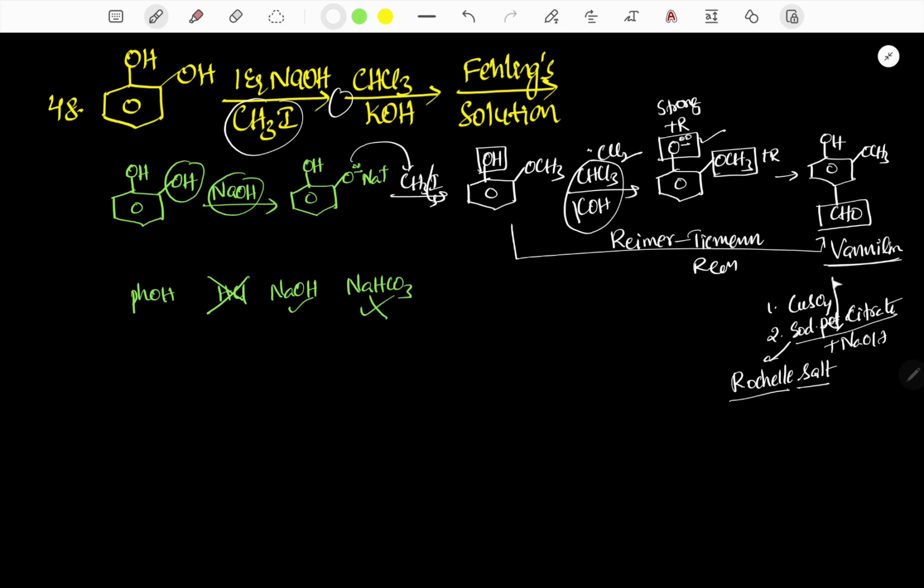So we know that when you add Fehling solution, phenol does not respond, ether does not respond, but aldehyde can respond. But again the problem is aromatic aldehydes. They can react with Tollens, but with Fehling no reaction, Benedict no reaction.